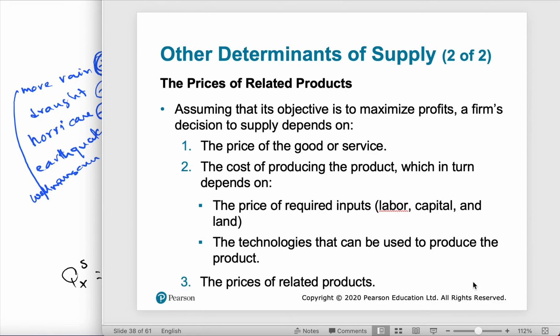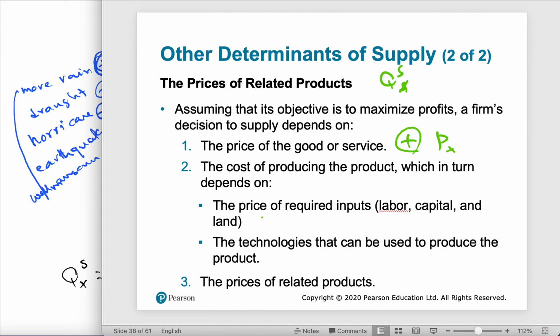So again, the price related would be the price of the commodity, which certainly is going to be positive: the price of X, if this is quantity supplied of X. And cost of production, the price of required inputs, labor, capital, goes basically the opposite.